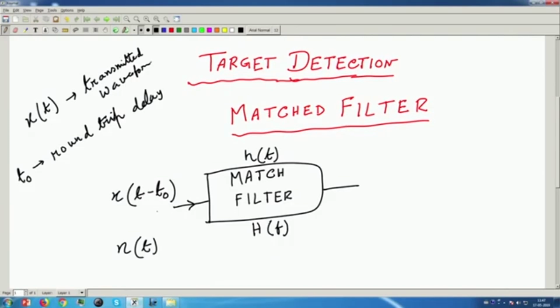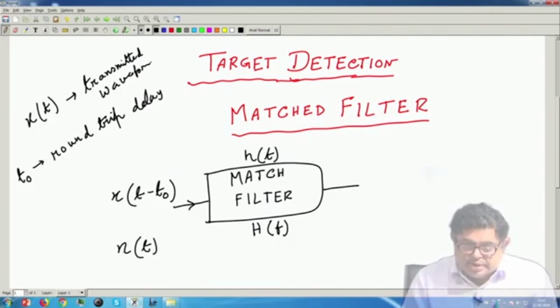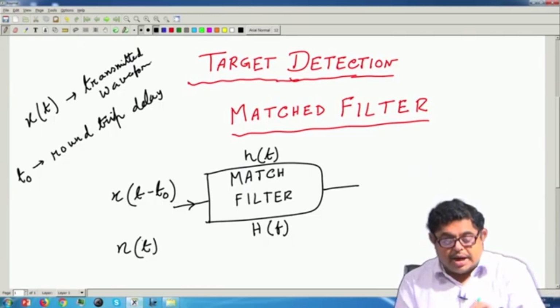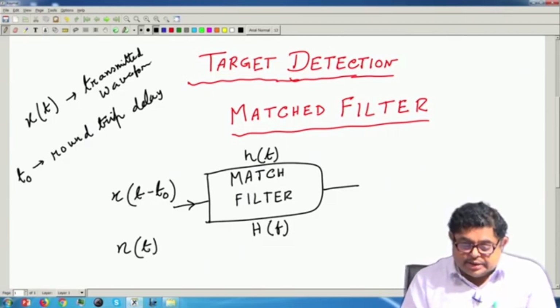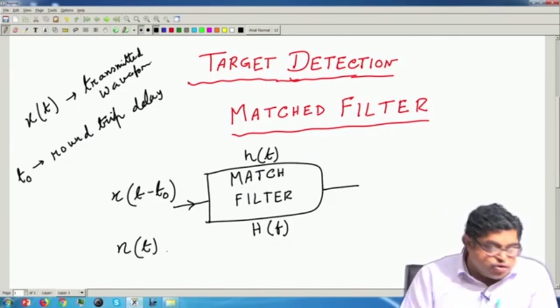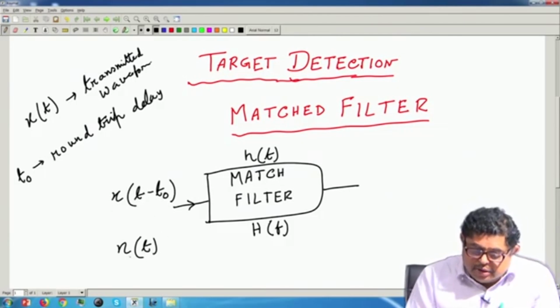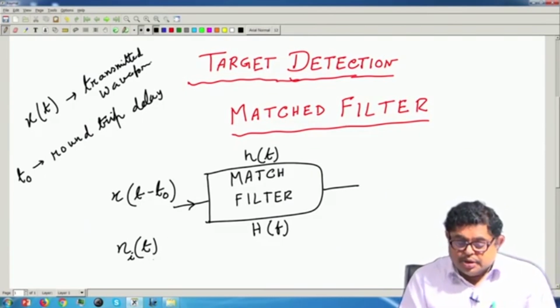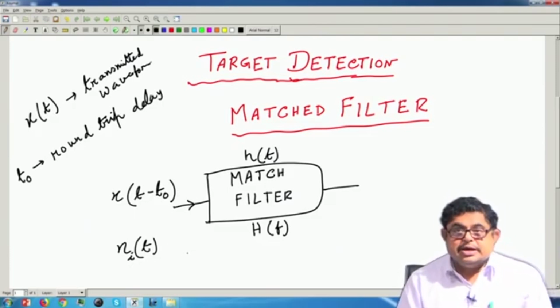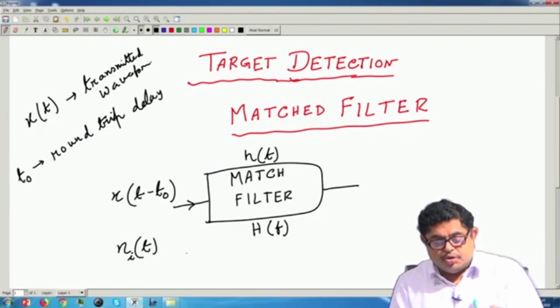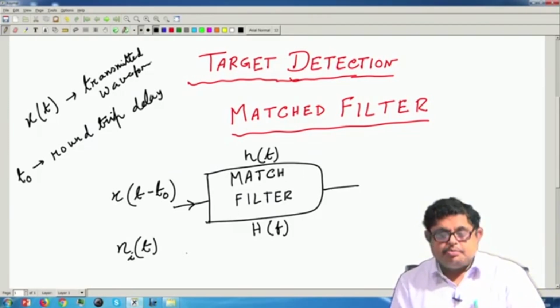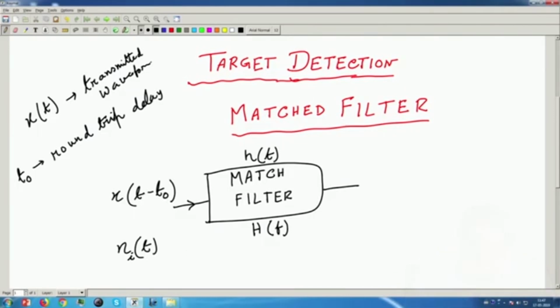So, I said that I have received the signal part as this, added with the sample value at that time, when the matched filter will see this thing, that is n(t), let us say. More specifically I will call this the input, n_i(t), the sample value of the input noise part that is coming. So, actually the input to the matched filter is this signal part plus the noise part. And this is x(t minus t0).